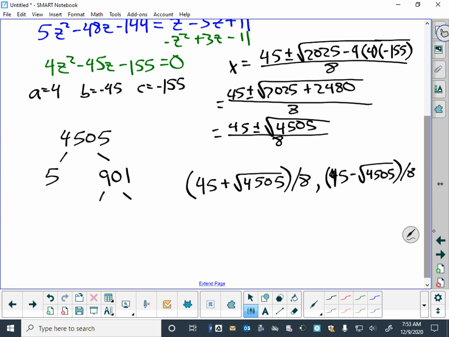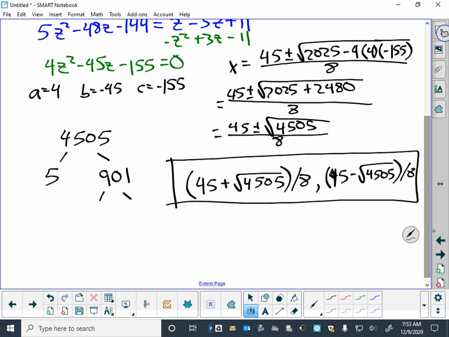Those are my two answers. And the palette in there to help you clean those up and make them look a little bit nicer is workable as well.